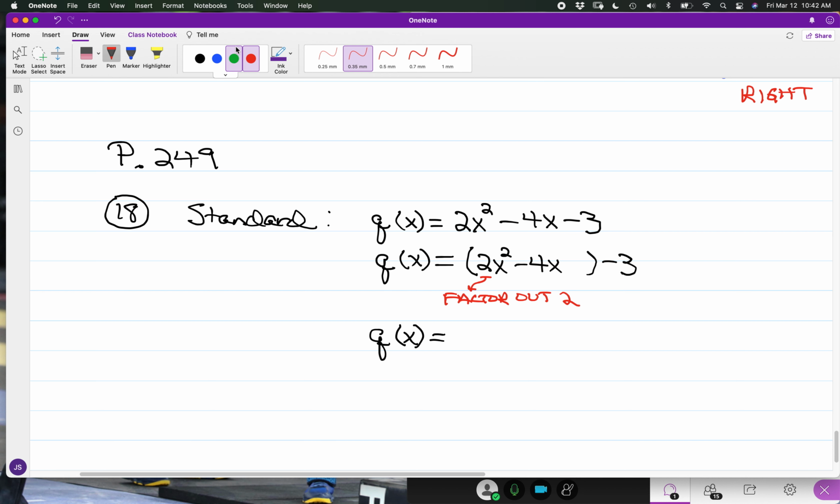Right now, you have q of x equal to 2 times the quantity x squared minus 2x, followed by the subtraction of 3.